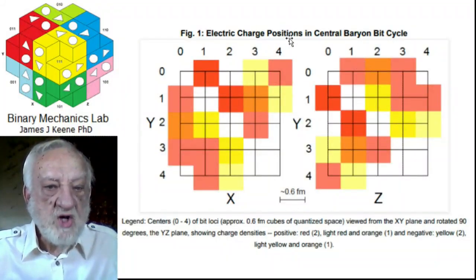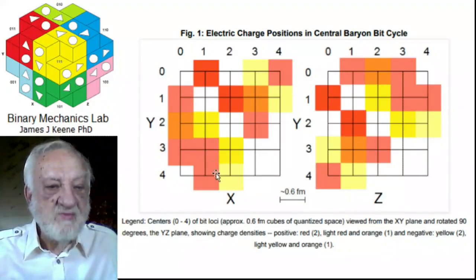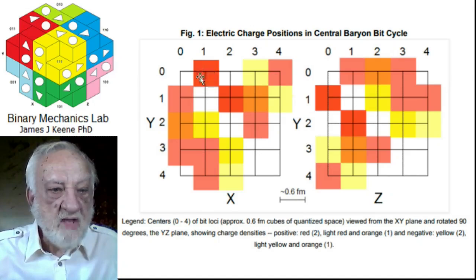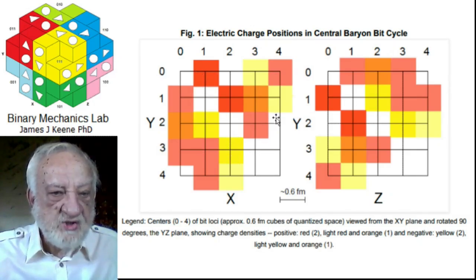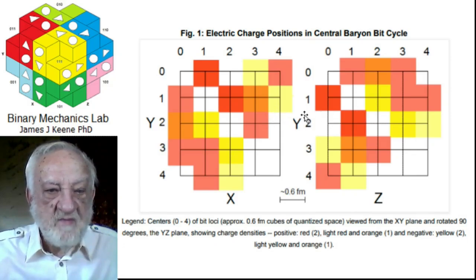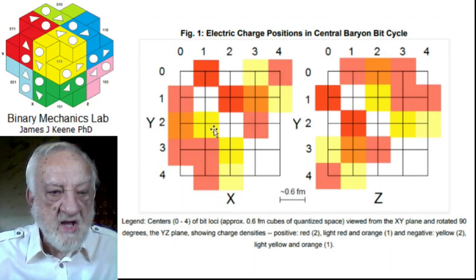The electric charge positions can be viewed in sort of an X-ray fashion where the dark red is plus and the yellow is minus charge. And you can see from these two views that the plus charge is more to one side of the proton and the negative charge is to the other side.